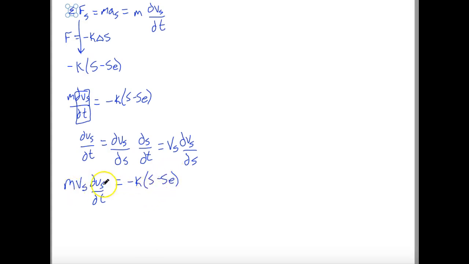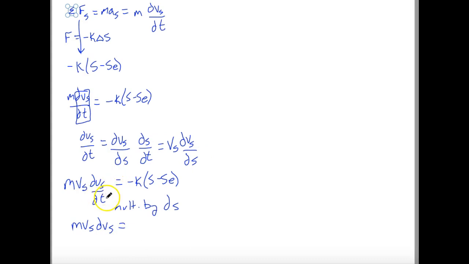We're going to multiply both of these sides by ds. When we do that, we end up with m v_s dv_s, because the ds's cancel.